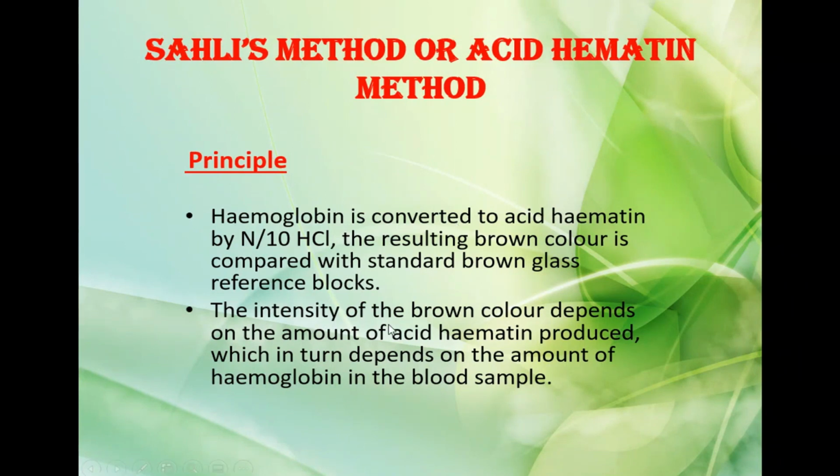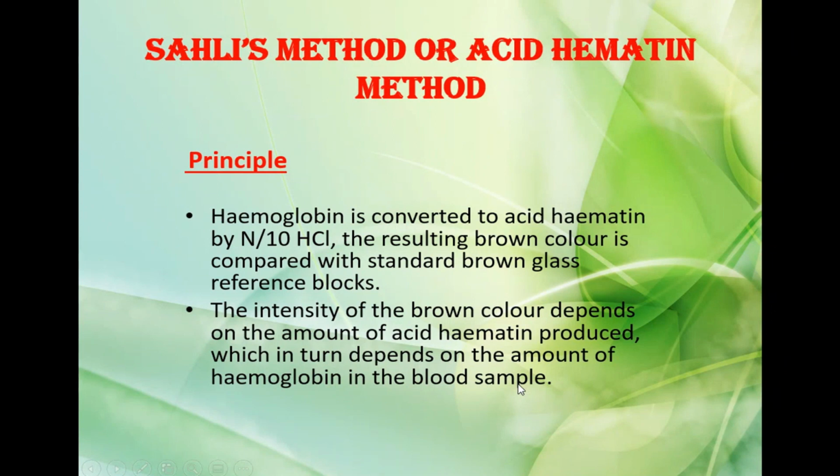Then you can also see that the intensity of the brown color always depends on the amount of acid hematin produced, which in turn depends on the amount of hemoglobin in the blood sample.